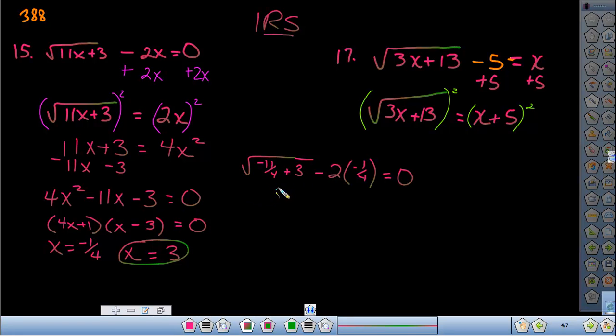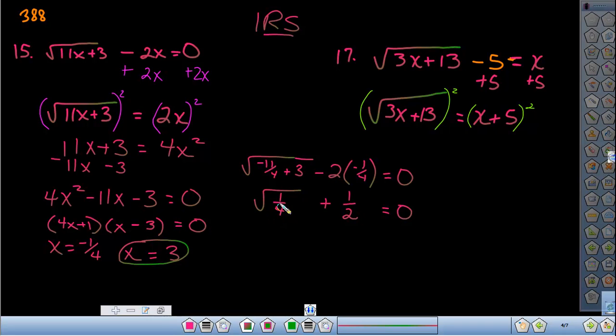When I add a 3 to negative 2 and 3/4, that gives me a positive 1/4. So I'm going to have the square root of 1/4, and this is going to give me a plus 1/2, because 2 times negative 1/4 is negative 1/2, and that's supposed to give me 0.